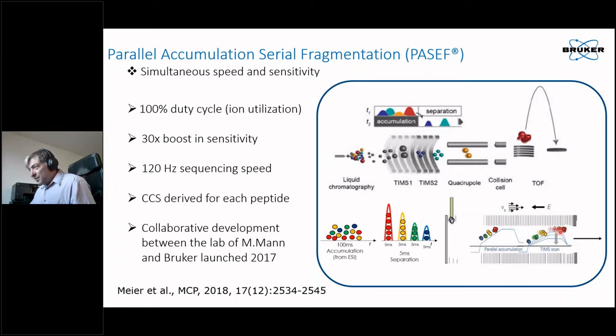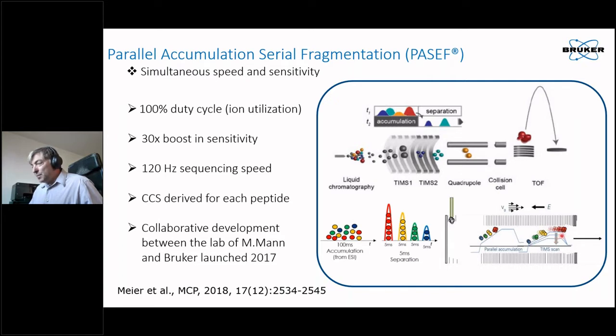What we then do is scan this potential down and scan the ions out according to their size. From the voltage at which they elute, using a calibration equation, we can determine their collision cross-sections, which is a fundamental property of the molecule. And then we measure their masses. We scan this voltage typically, when we're doing DDA proteomics, down in the course of 100 milliseconds.